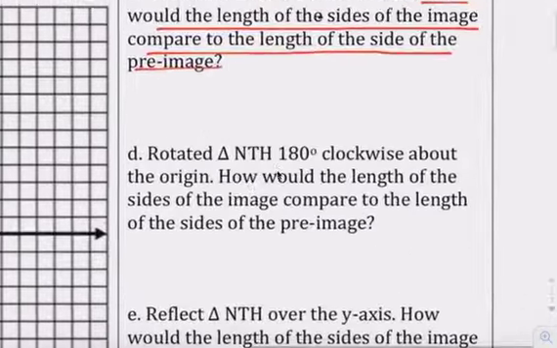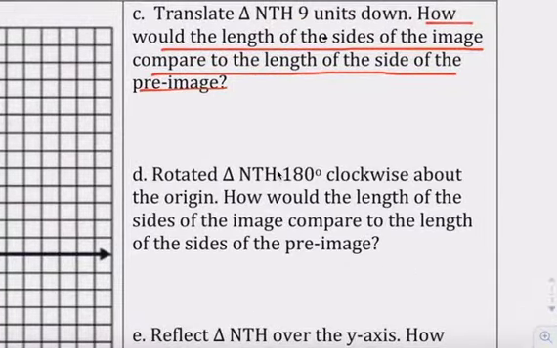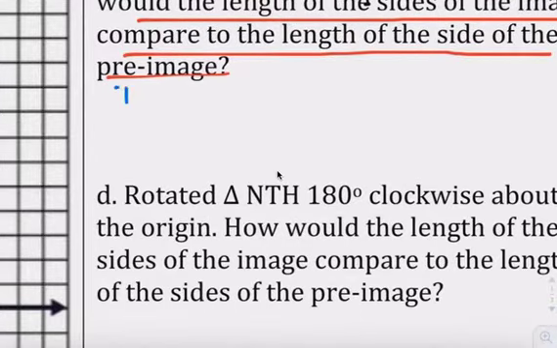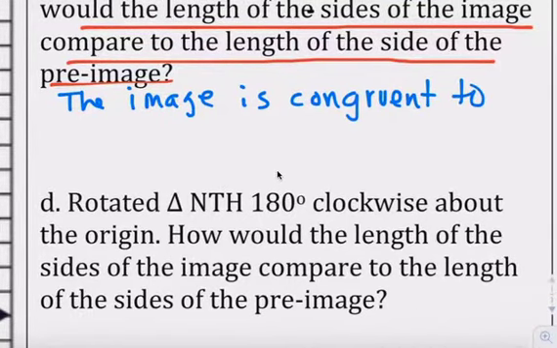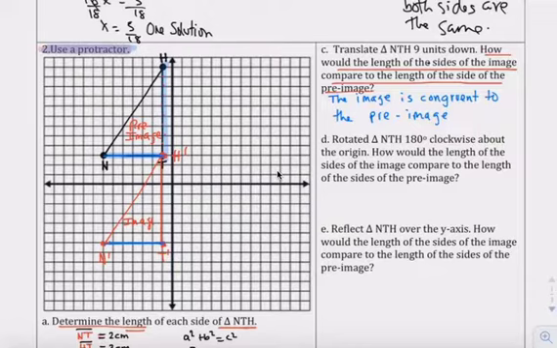So the image is congruent to the pre-image. That means if you measure it and everything, it'll be exactly the same.